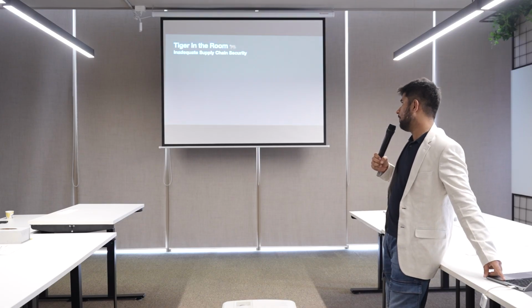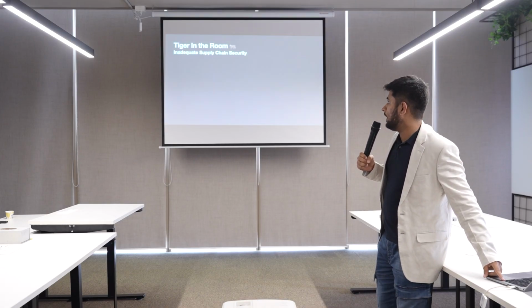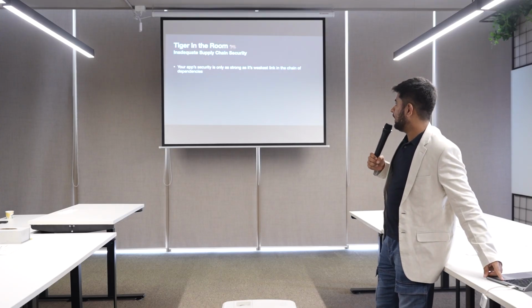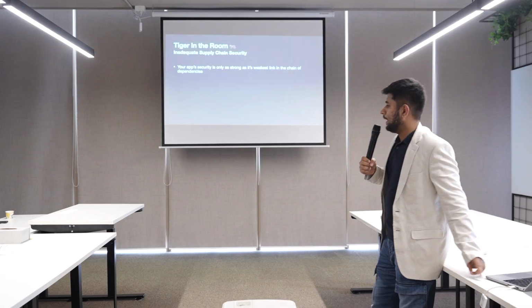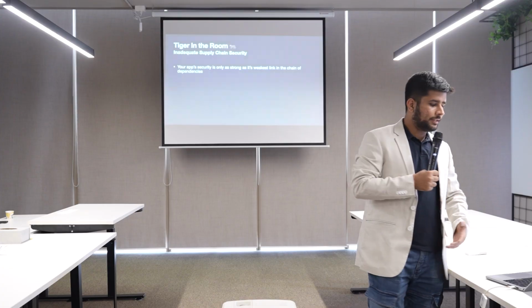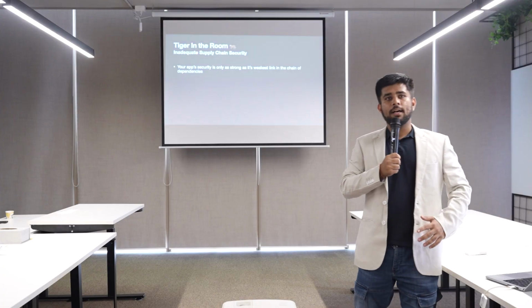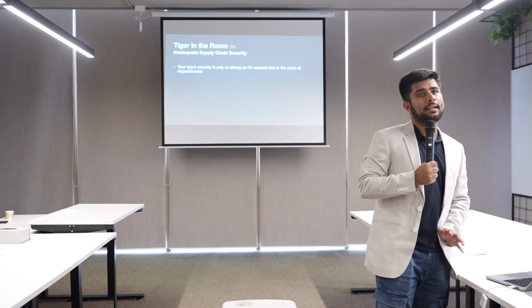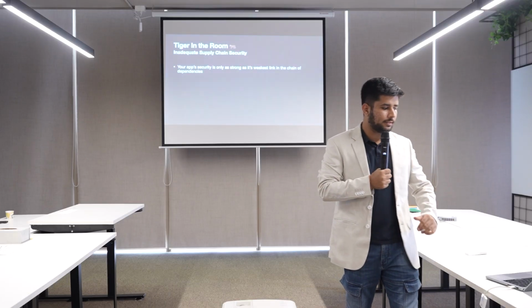So next up is the next animal, the tiger in the room. This is for inadequate supply chain security. Again, the name doesn't matter. It's said that any security platform is only as strong as its weakest link in the chain of dependencies.